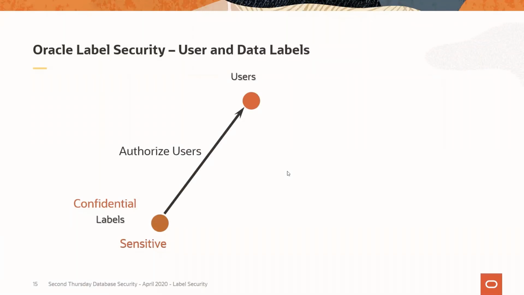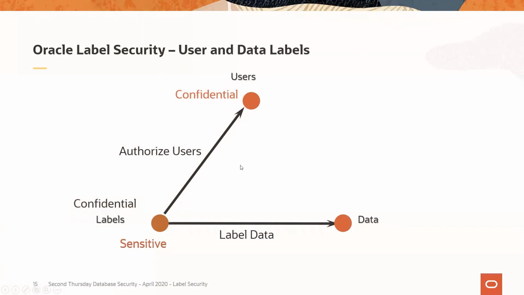So somebody has top secret access. So a label is created and then conferred upon a user. And you also have data that gets labeled with a sensitivity. So both the users have a label and the data has a label.